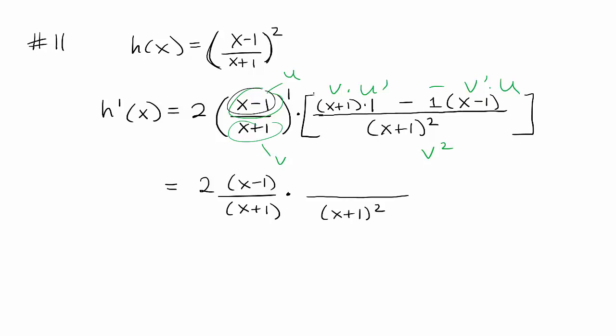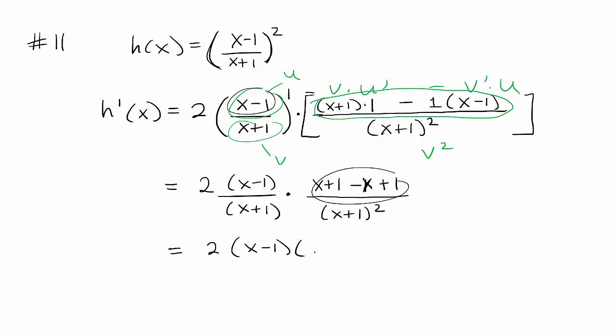Okay, so the numerator here, let me circle it. This part here, I'm going to clean this up. That is going to give us just x plus 1 minus x minus 1. There we go. All right, so it looks like we have 2, x minus 1, and then this part is just 2, right?